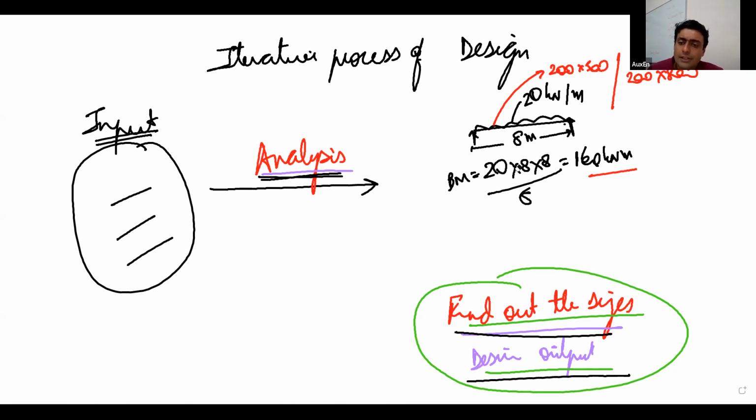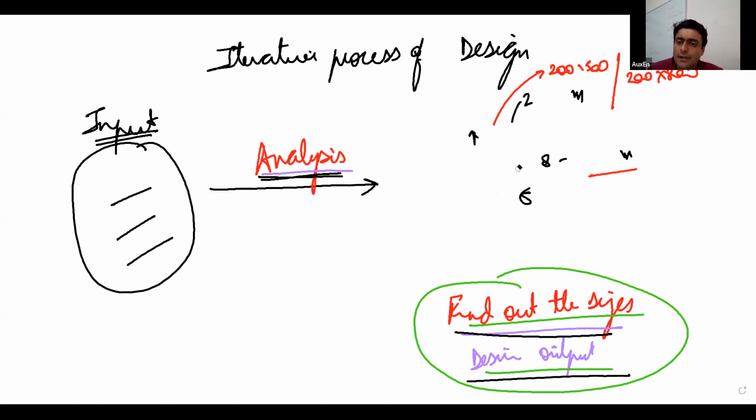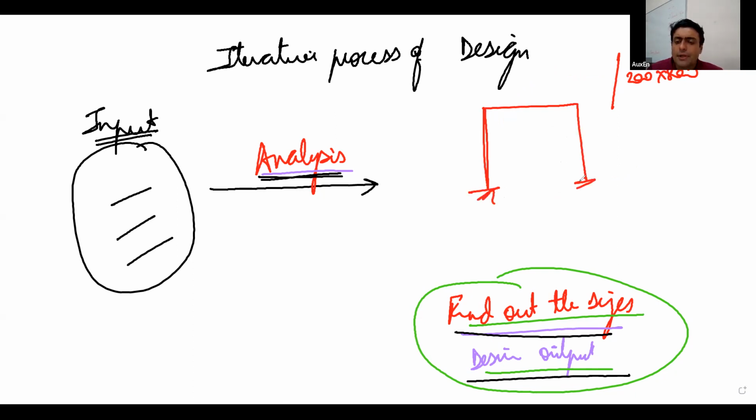But if you have a system that has static indeterminacies, suppose I have this type of a system, and then let's say I have some beam over here also. Now this analysis depends on the cross-sectional properties, isn't it? Yes.